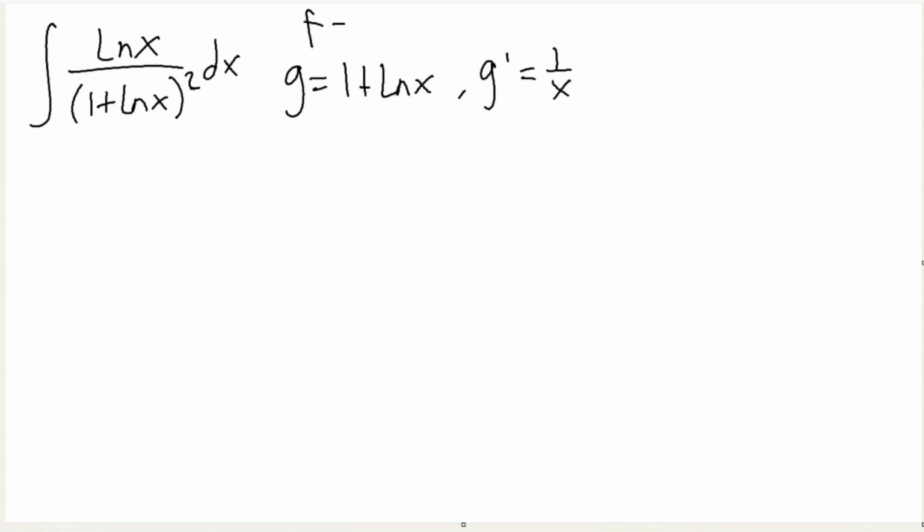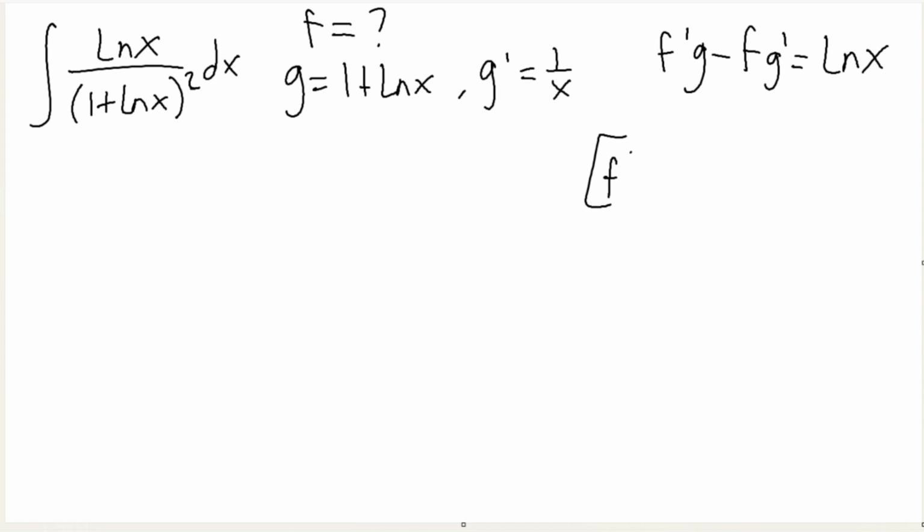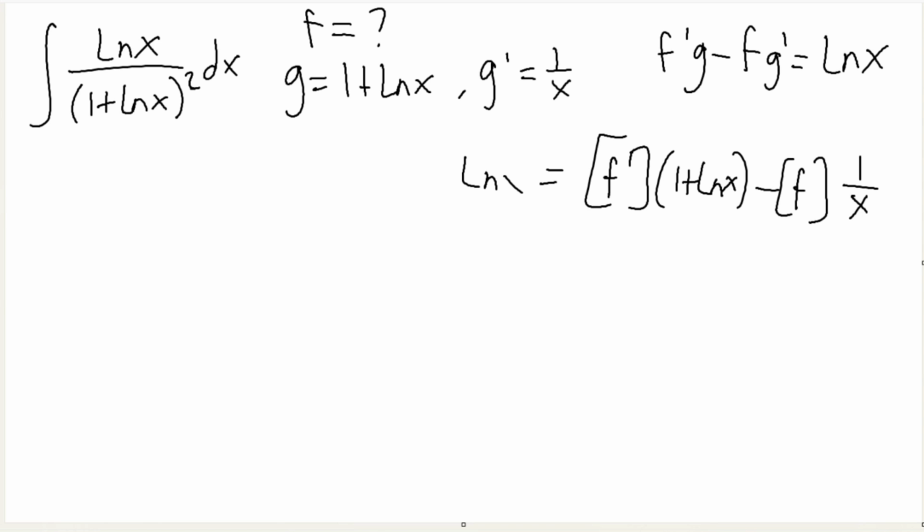And I need to find f so that f prime g minus f g prime is equal to ln of x. But how? How do we find this? f prime g is 1 plus ln of x, minus f and then 1 over x, to equal ln of x. What could this be? What could f be?